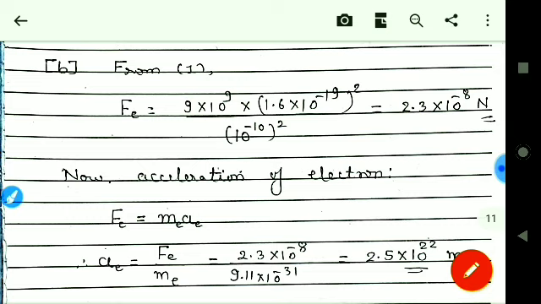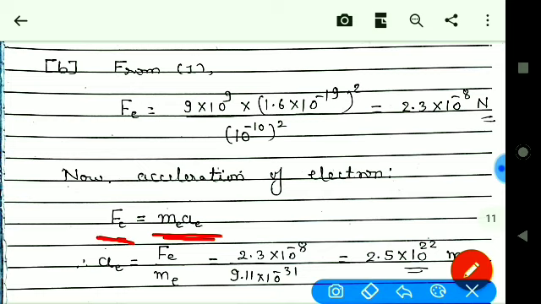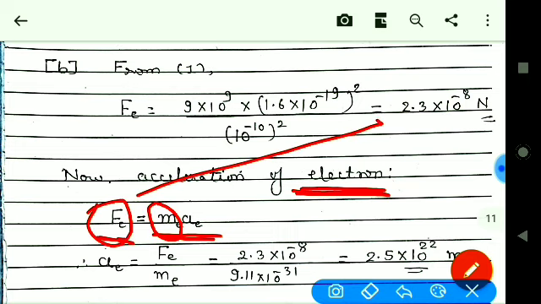Now, according to Newton's law, force F is equal to ma. Now we are going to find the acceleration of electron first and then the acceleration of proton. So first, as we are going to find the acceleration of electron, here we have considered mass of electron. Force we have already calculated, and so unknown is acceleration.